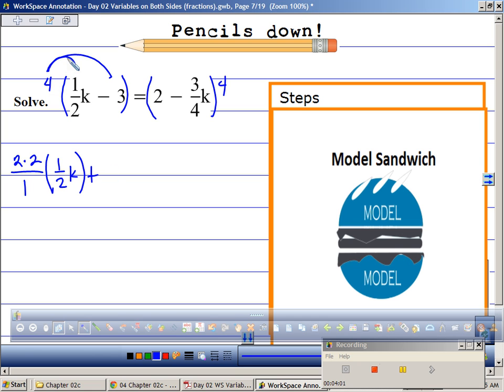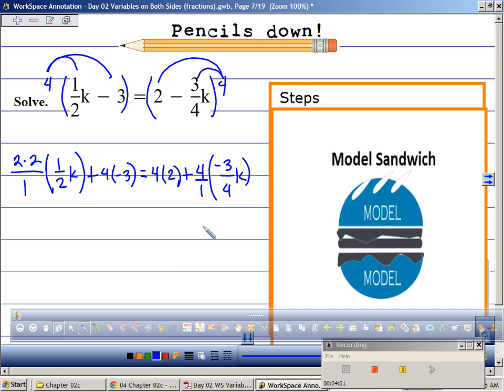This time I don't need to break up the 4 because it's being multiplied by a constant that doesn't have a denominator. So it's just going to be 4 times -3 equals, multiply 4 times 2, and 4 times negative 3/4 k.